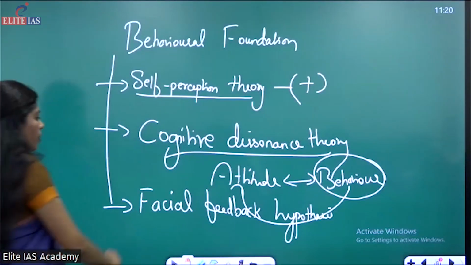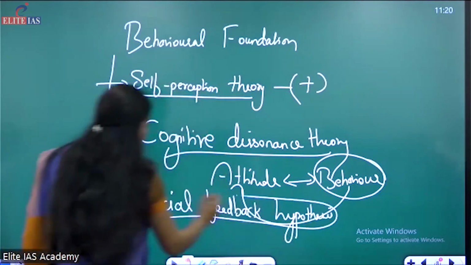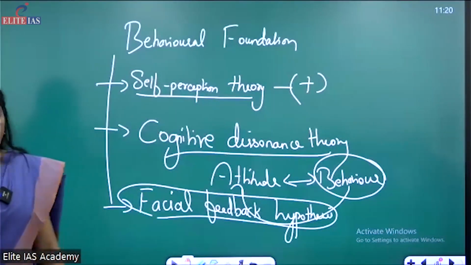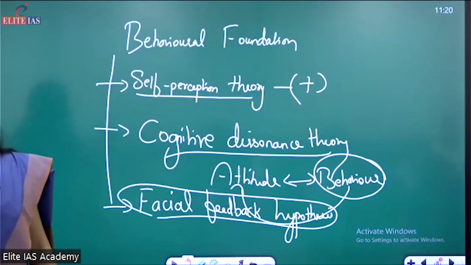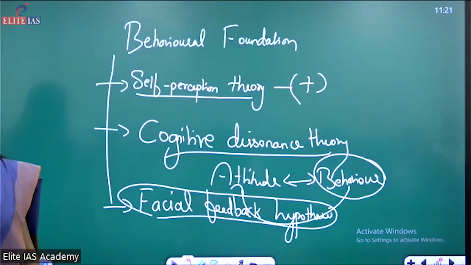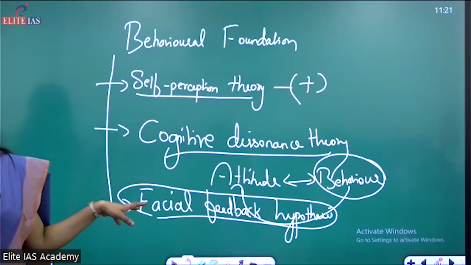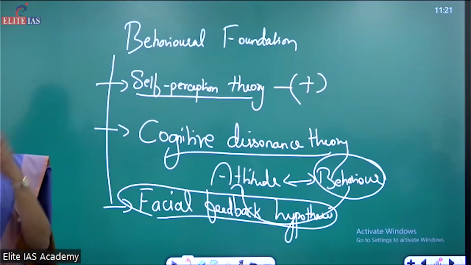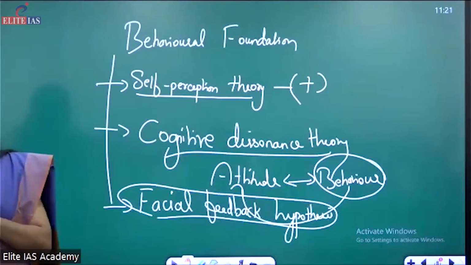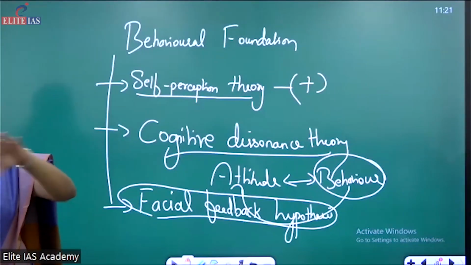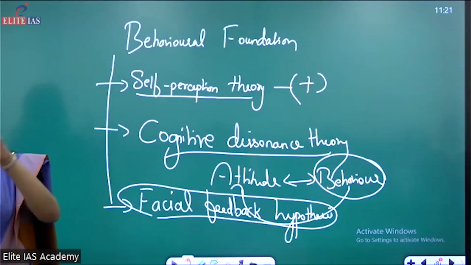Okay. Facial feedback hypothesis. What is this? In this hypothesis, they have said that our face, when we are going to a movie, let us imagine like this, we are with our friends.